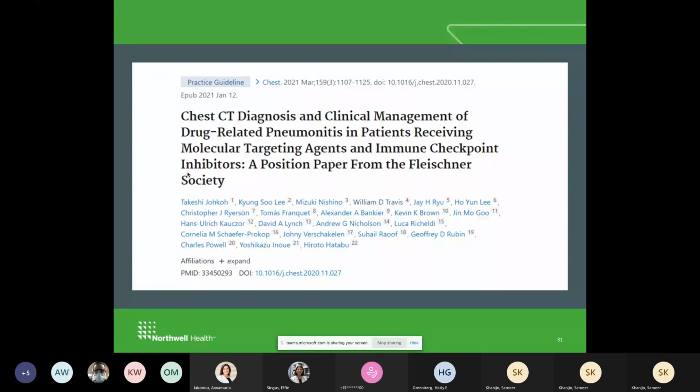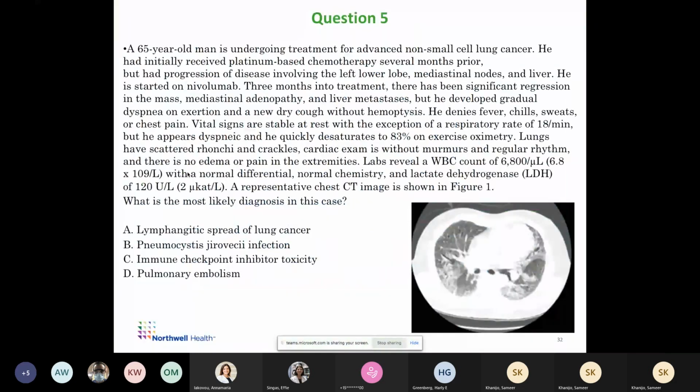Immune checkpoint inhibitors are important because a lot of times they're given to people for lung cancer who already have some amount of underlying lung disease, so it can sometimes be more difficult to parse out. But the Fleischner position paper is a good read and probably an easier read than some of the other articles I had given.